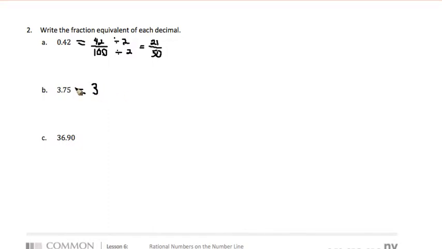And the fraction part we will write just the same way that we wrote our first fraction, by reading the digits after the decimal point as if they were a whole number. So that's 75. That goes in your numerator. And the denominator is the place value position of the last digit in your decimals. Tenths, 100ths. So in the denominator, we put 100.